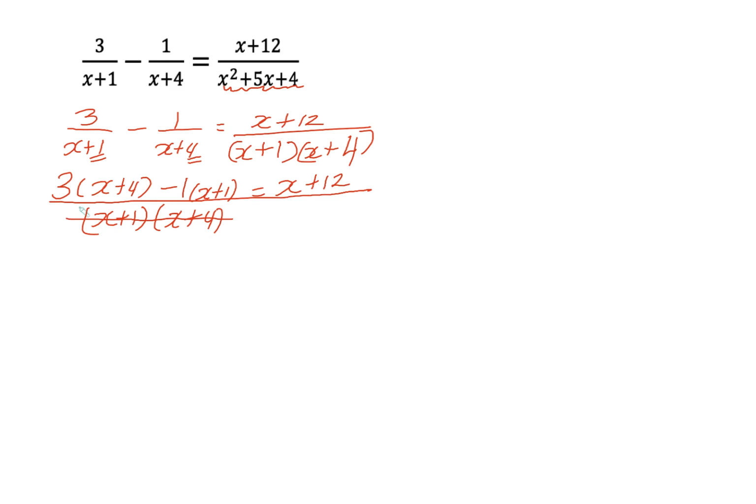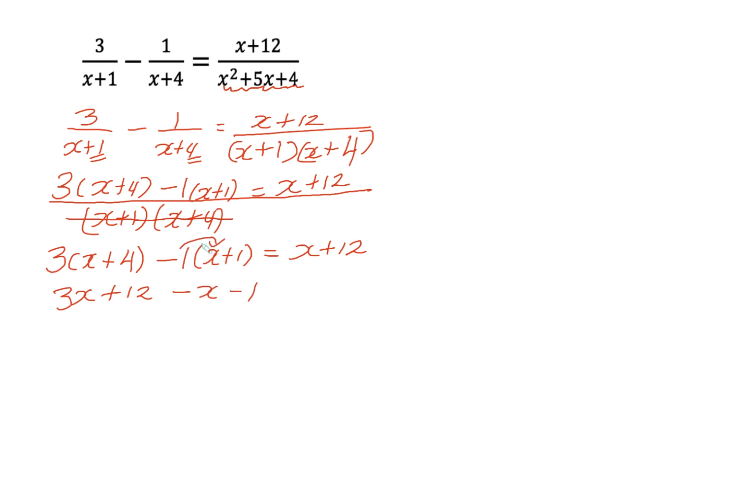Get rid of the denominator. We're just working with 3 times x plus 4 minus 1, which is multiplying x plus 1, equals to x plus 12. Distribute: 3x plus 12 minus x minus 1. Please be careful when you're distributing the negative.